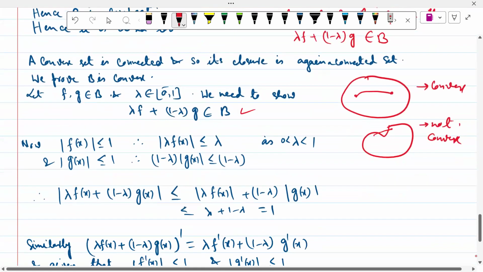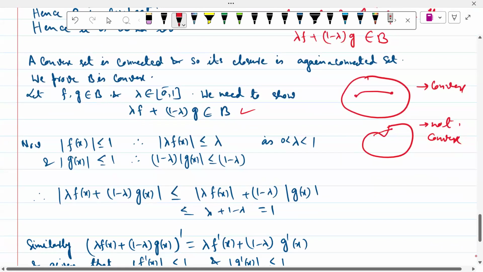Now it is given that |f(x)| is less than or equal to 1. So just multiplying by the positive number lambda, we can say that |lambda f(x)| is less than or equal to lambda, and similarly |g(x)| is less than 1. Therefore (1 minus lambda)|g(x)| is less than or equal to 1 minus lambda. Now just add them and put the values.